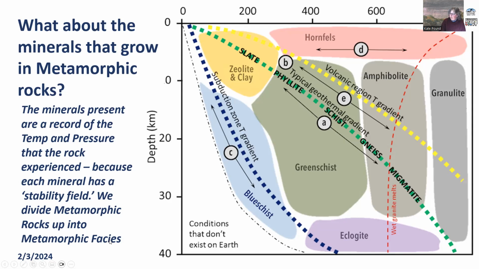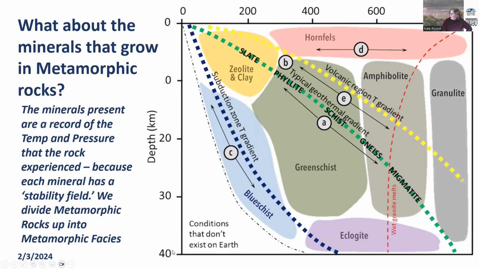Now, first, let's take a look at the axes on this graph. So up here, I always think of this as being Earth's surface, right here. So on the y-axis, we're going down in depth. This is the same as increasing pressure.